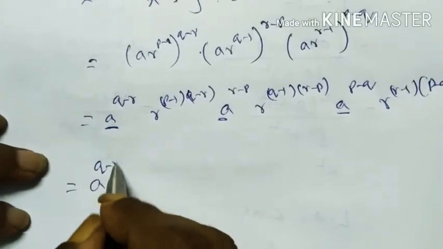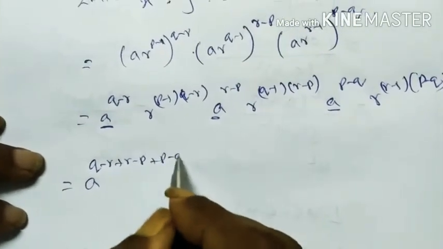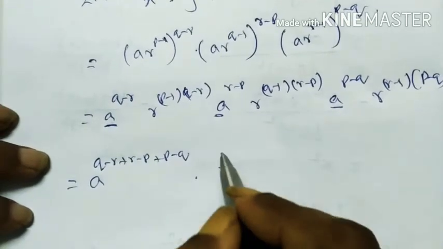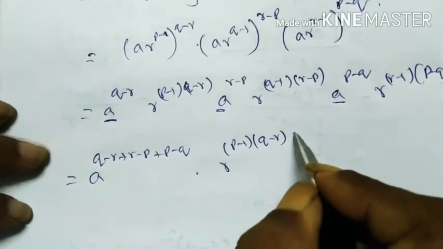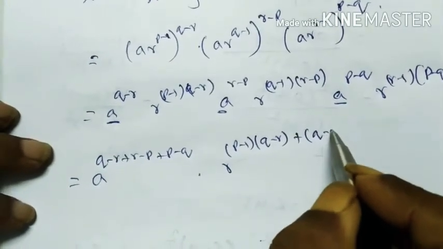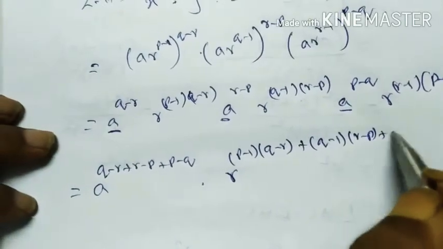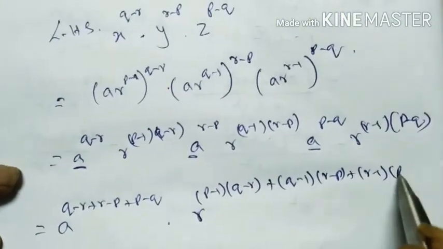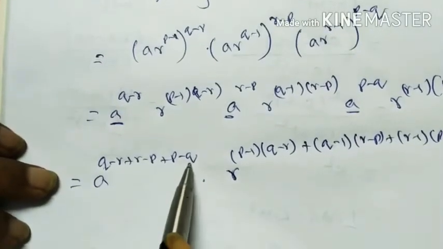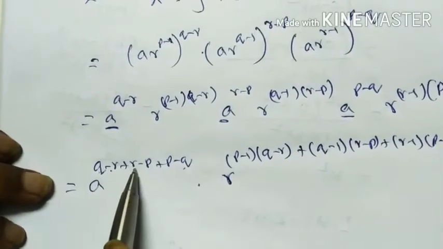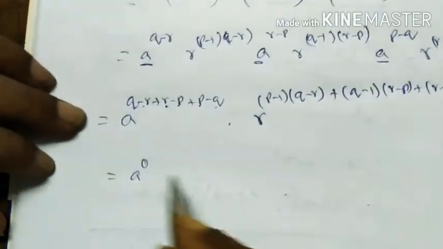A to the power of q minus r plus r minus p plus p minus q, and dot r to the power of p minus 1 into q minus r plus q minus 1 into r minus p plus r minus 1 into p minus q. So here you see that plus q minus q cancels out, minus r plus r cancels out, minus p plus p cancels out, so a to the power of 0.